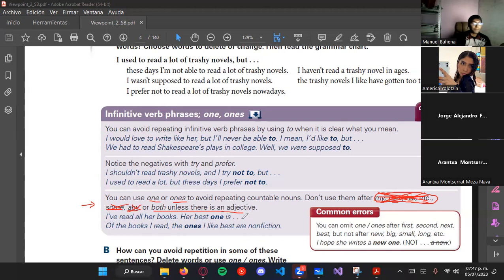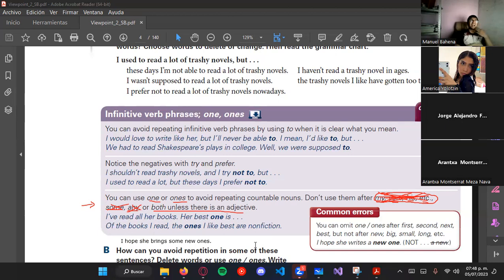¿Sí? Por ejemplo, para que se dé una idea, podemos usarla, el some y el any, like this. Sí. I hope she brings some new ones. Espero que traiga algunas nuevas. ¿De acuerdo?